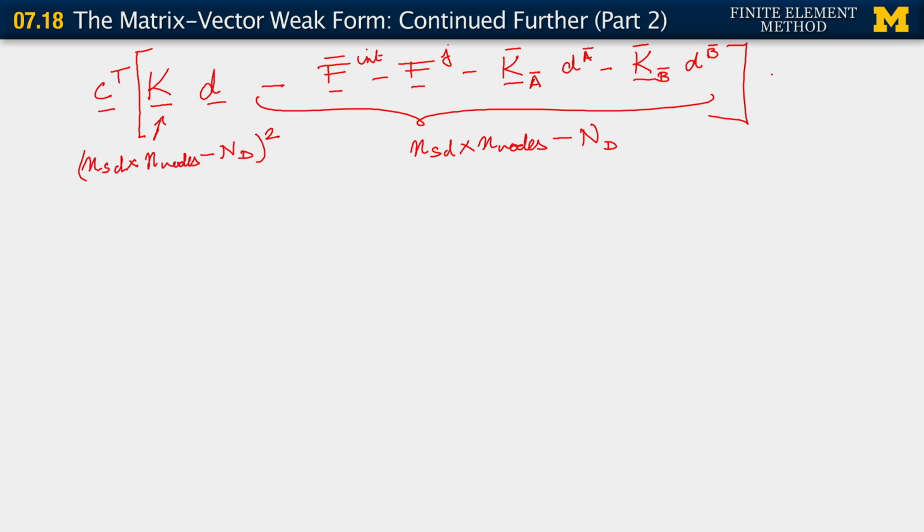Okay, so all of this has to be equal to 0, and this has to hold for all C belonging to R with that dimension, number of spatial dimensions times number of nodes minus ND.